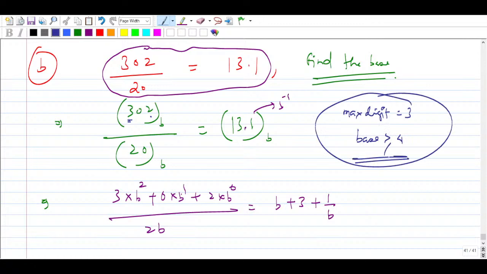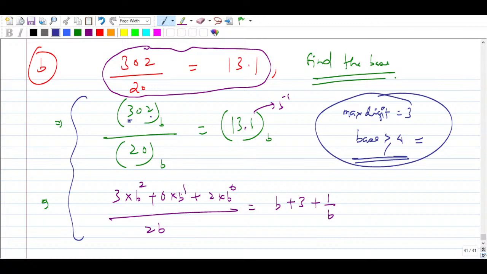Your base can be 4 or greater than 4, right? Okay, so in the options, if 1, 2, 3 is given, so you can eliminate and you can directly tell the answer, right? Don't directly attack and get lost in math. But you can solve this kind of a question easily like this, okay?